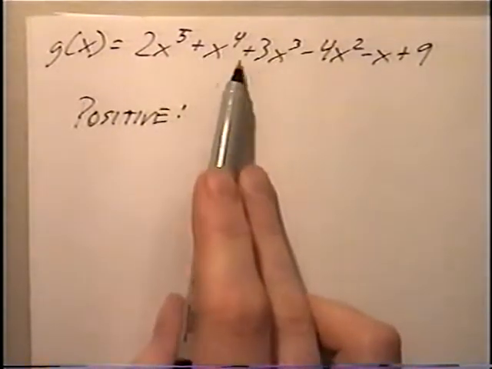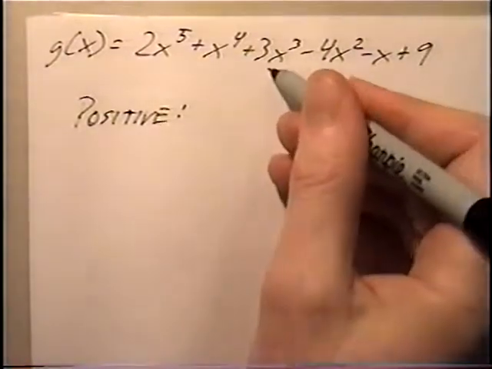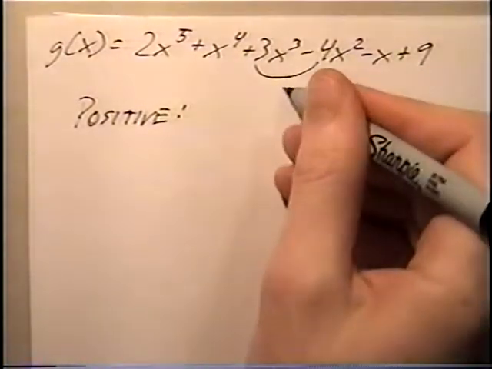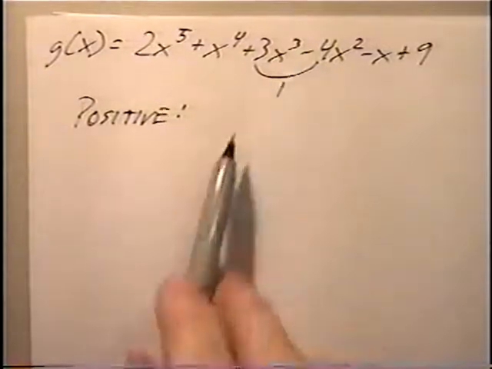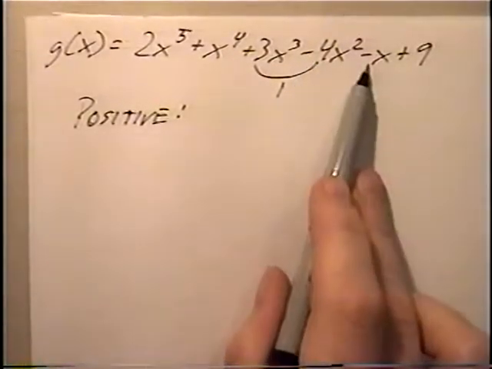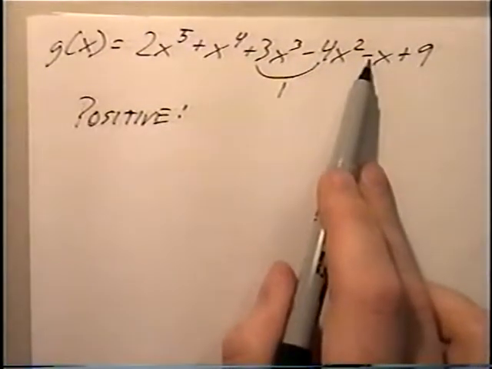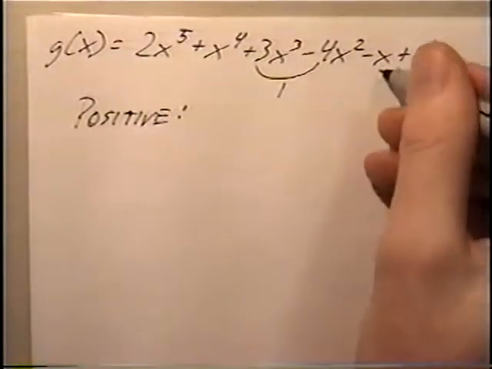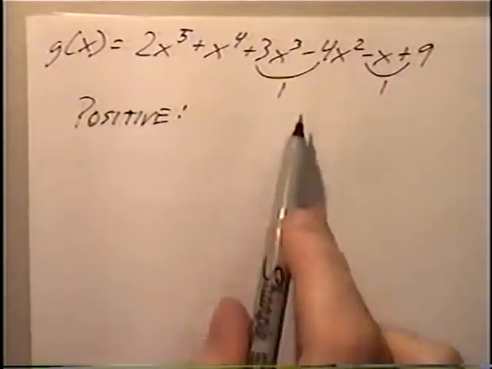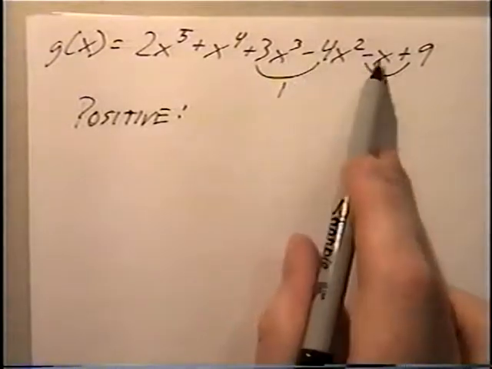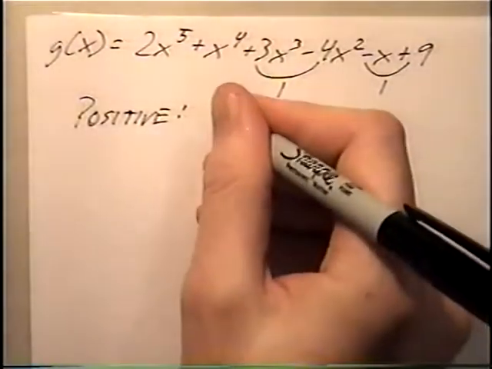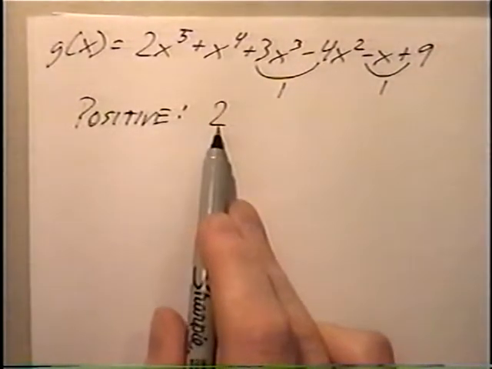Positive 1 to positive 3 does not change. Positive 3 to negative 4, that does change from positive to negative. Negative 4 to negative 1 does not change. And negative 1 to positive 9 does change. So again, 2 sign changes. So there is 2 positive zeros.